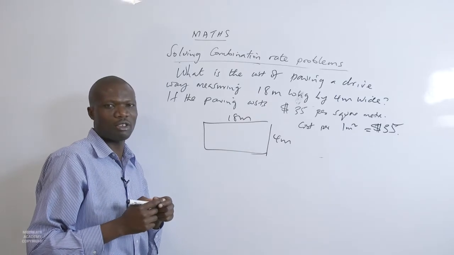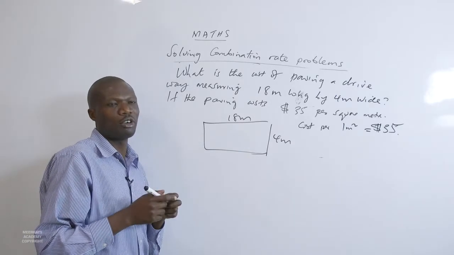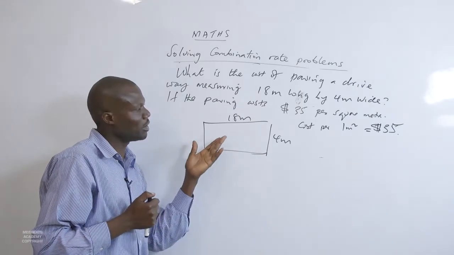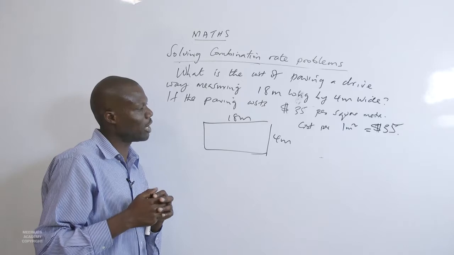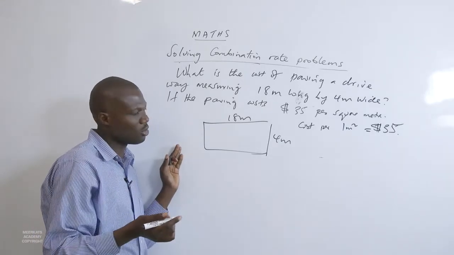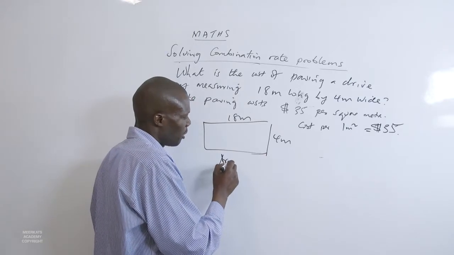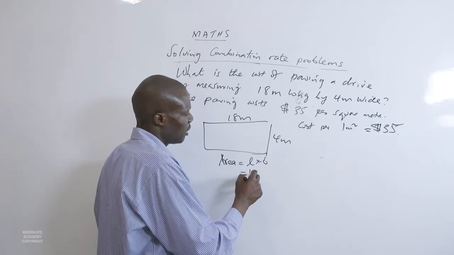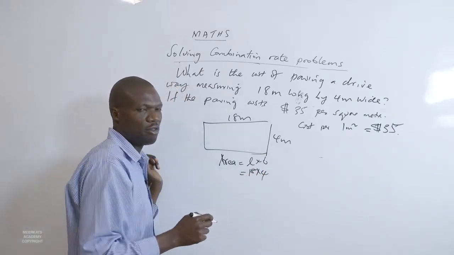So we are being asked to find what is the cost of paving a driveway that measures 18 meters by 4 meters. So this is a rectangular shape, so we are supposed to approach it from the area point of view, which is the length times breadth, which is 18 multiplied by 4.